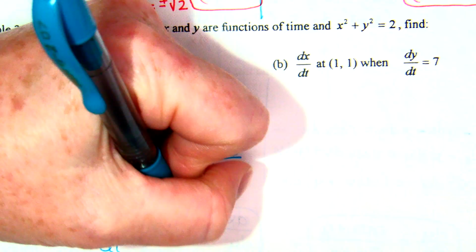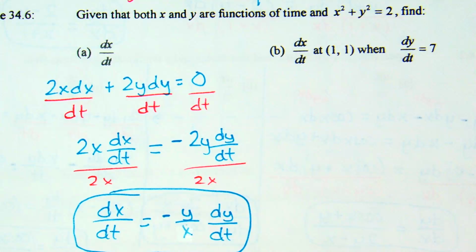Now, B is an easy finish. It looks confusing because it's asking something totally new, but it's actually pretty easy. What are they asking us to find on B? dx dt. Do we have a dx dt equation? Yeah, we have a dx dt equation. They're wanting us to find it at 1, 1 when dy dt equals 7. What are those 1, 1s? x, y.